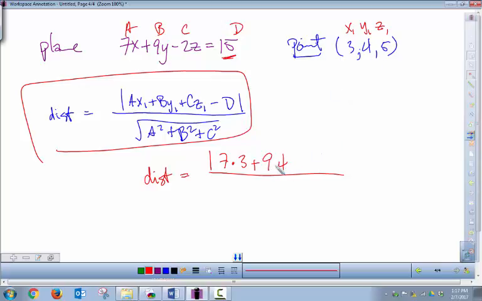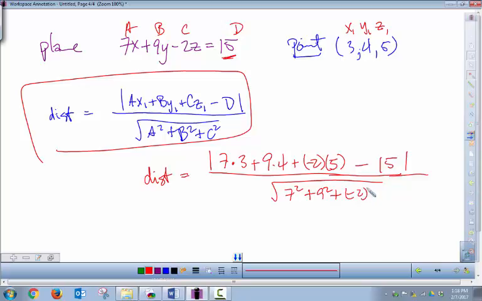Y1 is 4. C is negative 2. Z1 is 5. Minus the D, this is where the 15 comes in, divided by the square root of 7 squared plus 9 squared plus negative 2 squared. Okay? All right, so you probably want to work that out, punch it in a calculator, get a number, simplify.